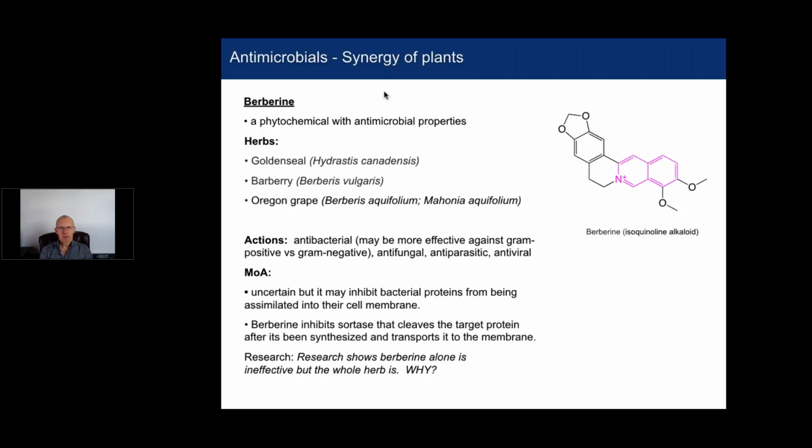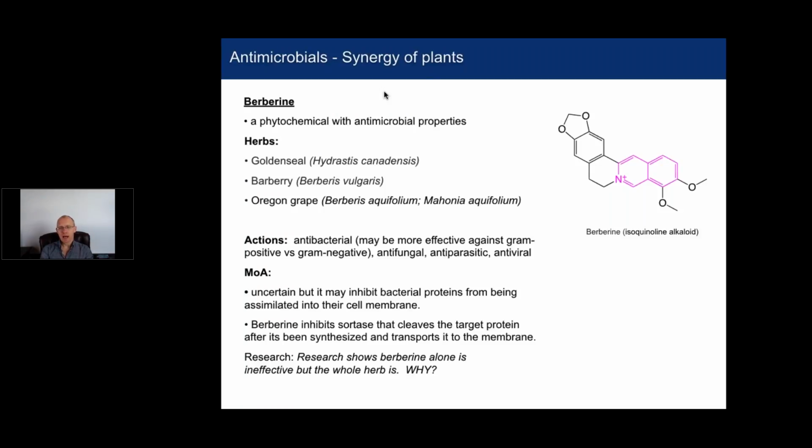One of the things that I suspect has happened in the past is that drug companies have researched things like berberine and isolated it from golden seal or barberry or one of the other plants that contains it, and said, you know what, this isn't a very good antibiotic, because when you test it in the petri dish, bacteria seem to be resistant to it. And so there's no real point in using it as an antibiotic.